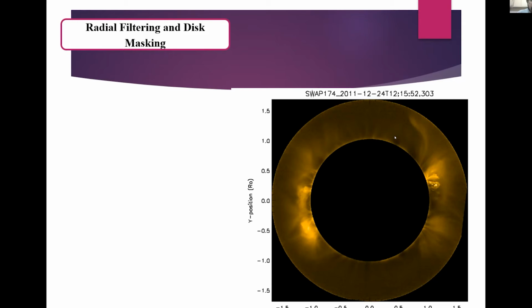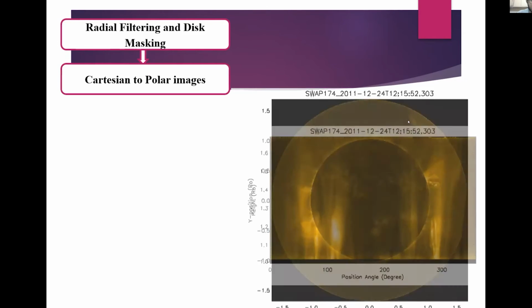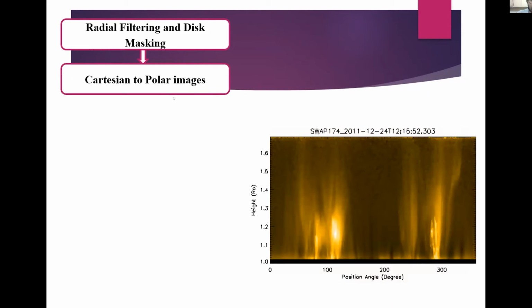After radial filtering, you can see that the features are widely seen within this particular field of view. Then we converted these images to polar coordinates. Here you can see the height in the y direction, spread over the different position angles.